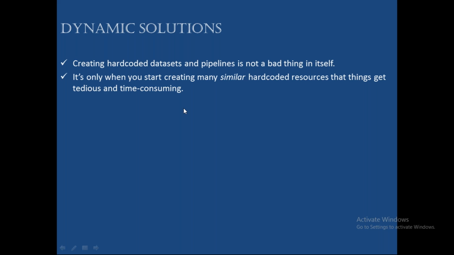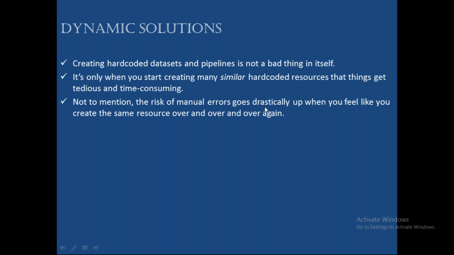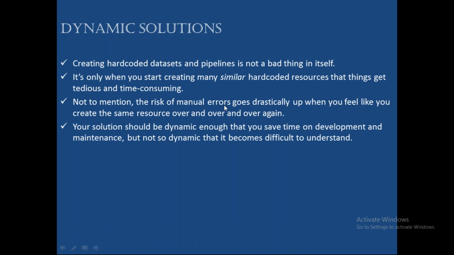You can implement dynamic things, because if you use similar hard coded resources again and again, it will be tedious and time consuming. It will take more time, and it will drastically increase the errors. It will be difficult for us to manage all these things. That's why your solution should be dynamic enough that you save time on development and maintenance, but not so dynamic that it becomes difficult to understand.